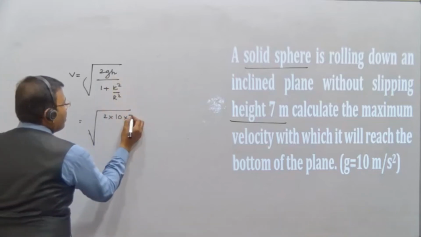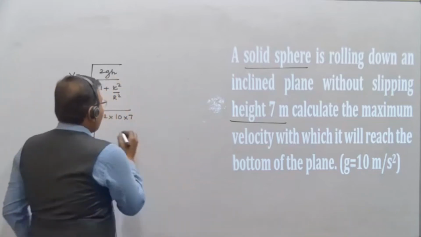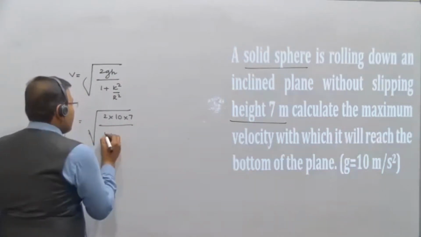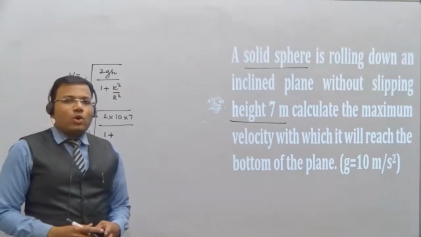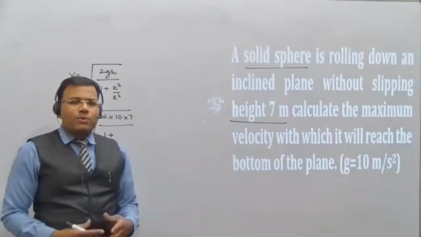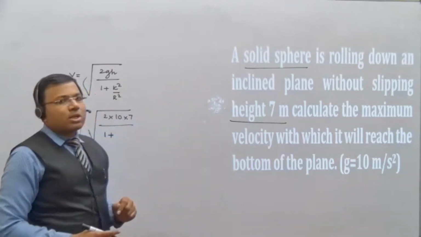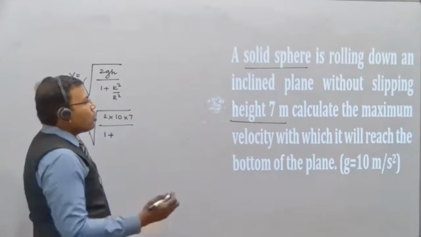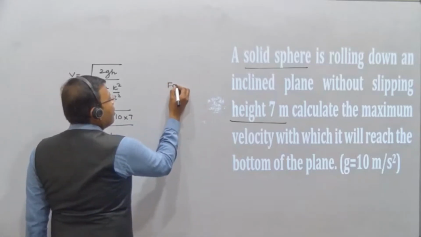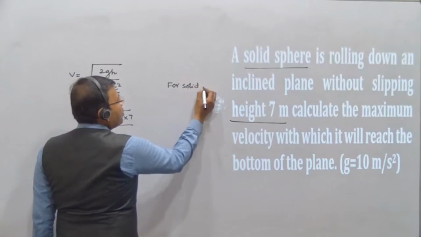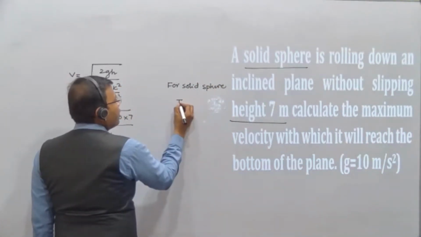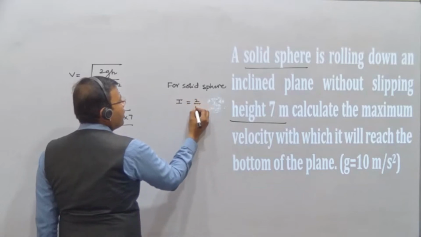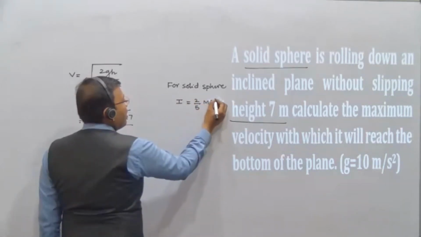The h value is 7 meter, divided by 1 plus, pay attention, k square by r square. So what value are we going to consider for k square by r square? It's very simple. It is a solid sphere, so the moment of inertia for a solid sphere is 2 by 5 mr square.